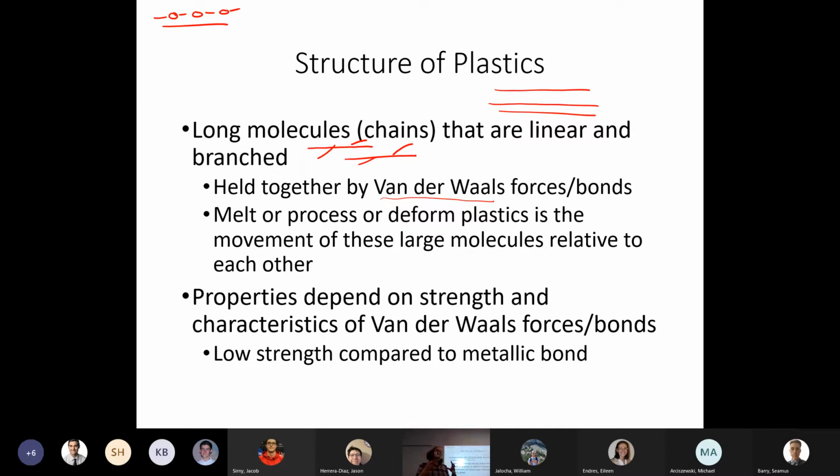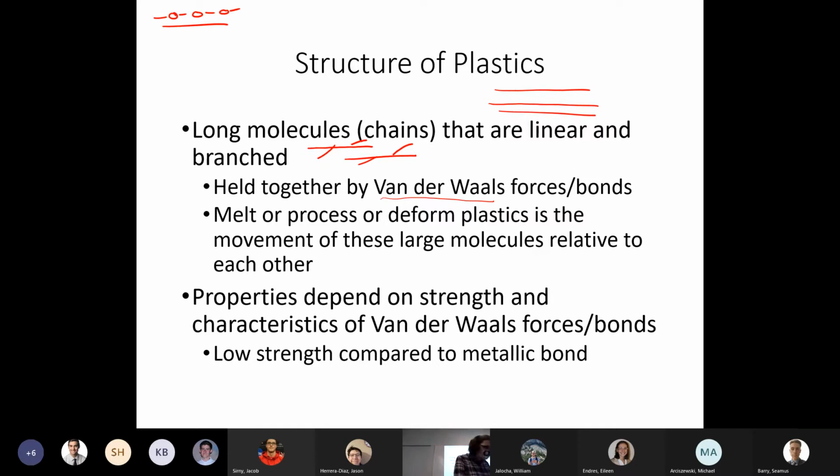They are very dependent on distance. As the distance between the molecules increases, the strength goes down, and it is to the third or fourth power of the distance. So the closer the molecules are together, the higher the strength of these bonds, therefore higher strength, higher modulus, oftentimes lower ductility, and some of the other properties that go with it.